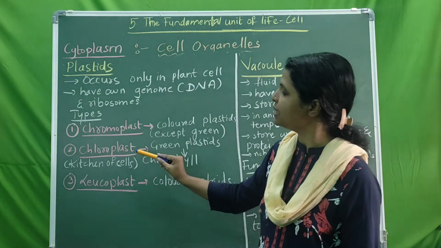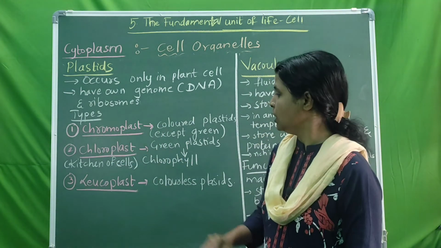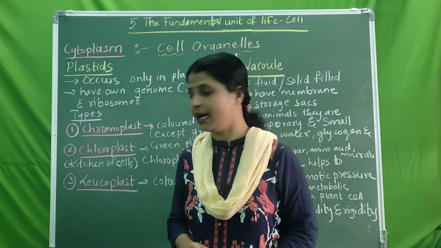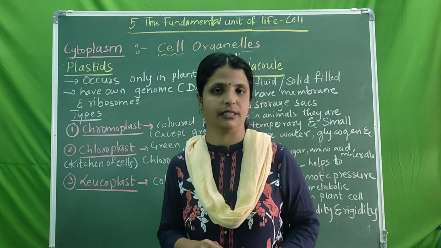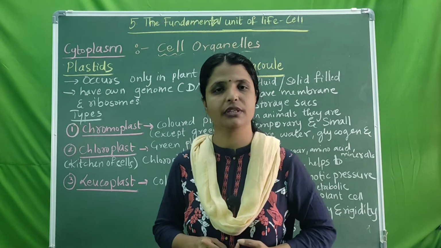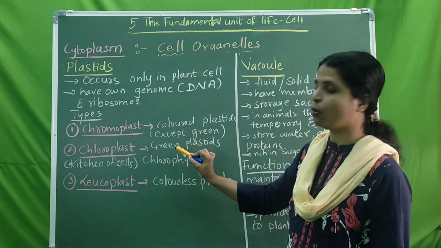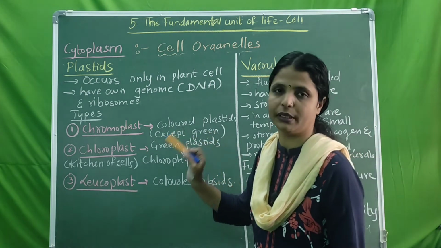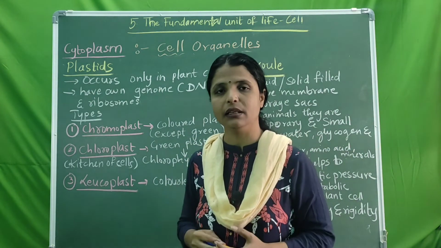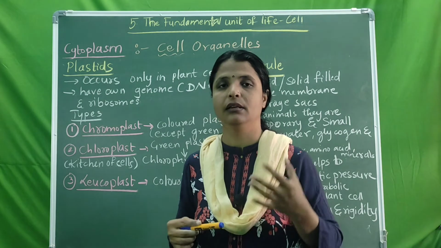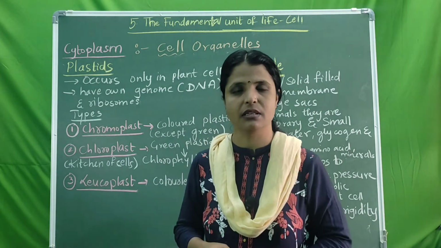Then the next one is chloroplast. Chloroplast is also called the kitchen of the cells. Why is it called the kitchen of the cells? Let's see. First thing, the chloroplast provides the green color to the plant. You know very well, green color you usually find in tender stems and in the leaves, isn't it?